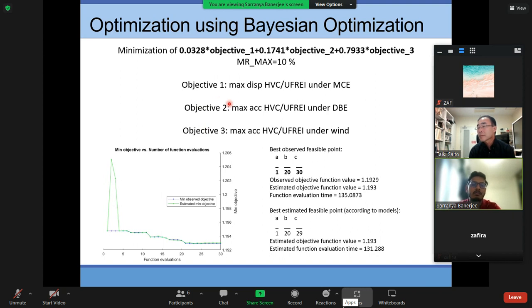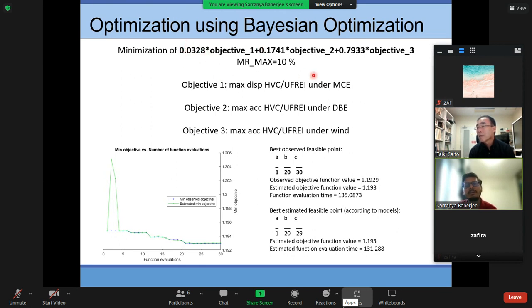Now what I have done is add those objectives with a weight function, and this weight is the frequency of occurrence of that hazard in the 100-year lifetime of the building. We already discussed in an earlier meeting how to calculate the weight.